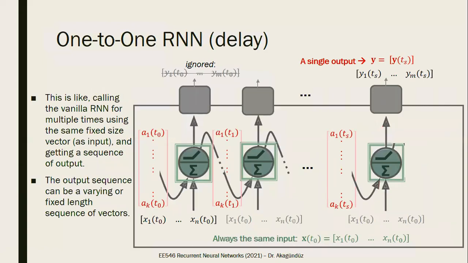Now I'm going to change the first example, one-to-one, to one-to-one with delay, because in some cases, because of the definition of the problem, the output may need a delay. That delay could be specific, like 3, or a delay that you don't know. You will be getting the output until you see that output.